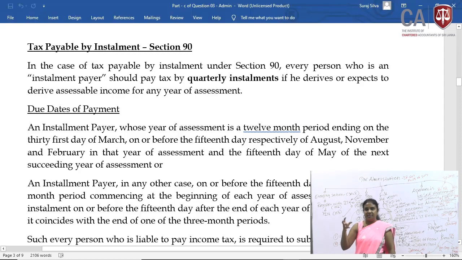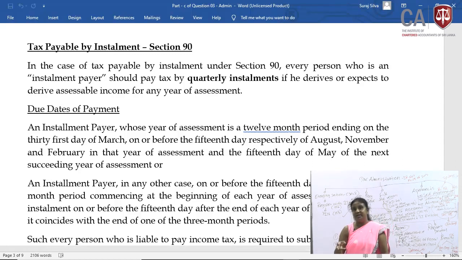Then the second part, tax payable by installment, very very important. In the Act, as per section 90, there are 4 quarterly installment payments. If I take the year of assessment 1920, the first installment is due on 15 August 2019, and on that day you have to file the statement of estimated income tax return.